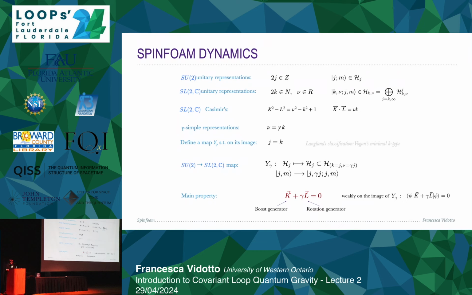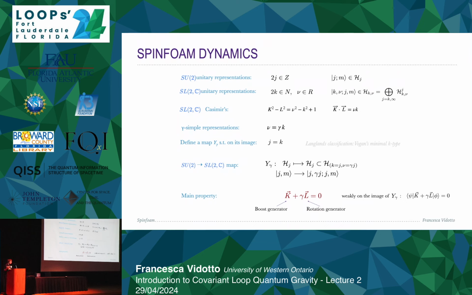So you see that I have constructed this Y map starting from the property of the proportionality between boosts and rotations. And what this map does is exactly what we want, in the sense that it takes states that are SU2 states, the states that we have defined before, and maps them into Lorentz states, SL2C states.